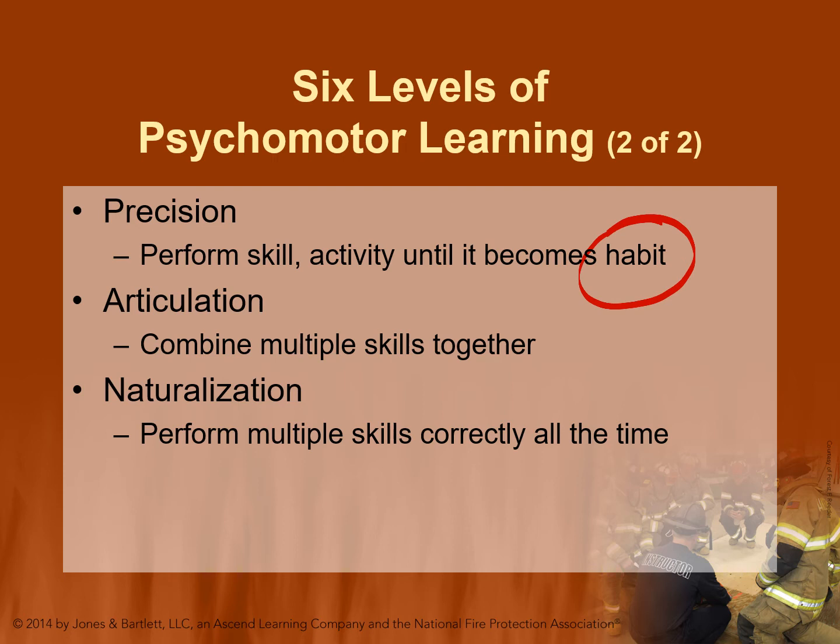These are like 4 or 5 different skills all together, from locking your leg onto the ladder to deploying both ladders to starting your saw and climbing it, deploying, cutting the hole, all those things. Several skills come together. So this is articulation, and naturalization is we perform multiple skills correctly all the time. So we reach that point in the process that we can do this and we can do it correctly every time.